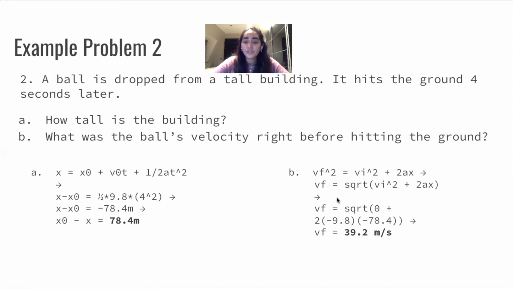So rearranging, plugging in all of the variables that are known, we know that the initial velocity will be 0 because it's just dropped off the building. We have the acceleration, which is always a constant negative 9.8 meters per second squared. We have the change in height, which we have from before, and we can solve that the final velocity is 39.2 meters per second.